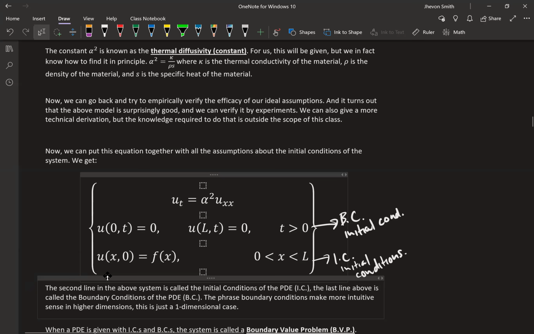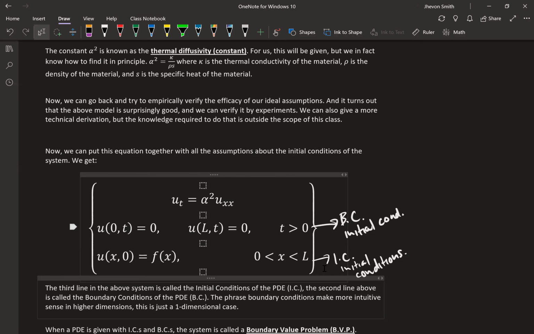The second line should be the third, and the third the second. I'll change that later, so just make a note of that typo. The diagram should say temperature, and I have to fix IC and BC.